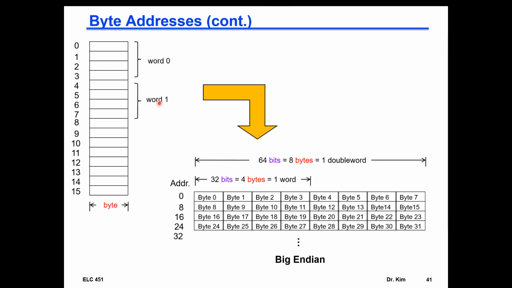But from a memory perspective, the addresses are 0, 1, 2, 3. So if you want to access this member of the array, you have to shift your initial pointer to the array by 4 in this case. So we'll see some examples of that coming up.